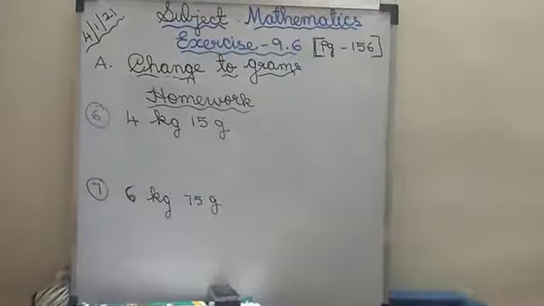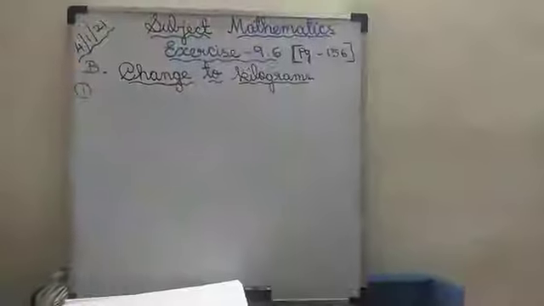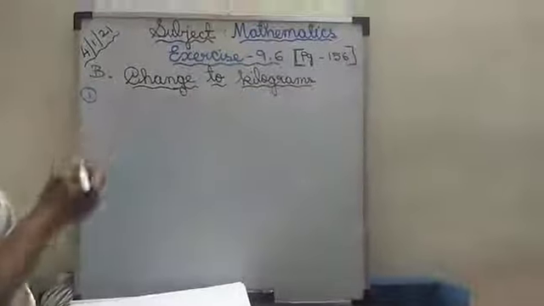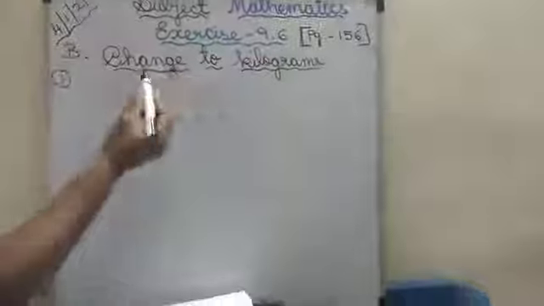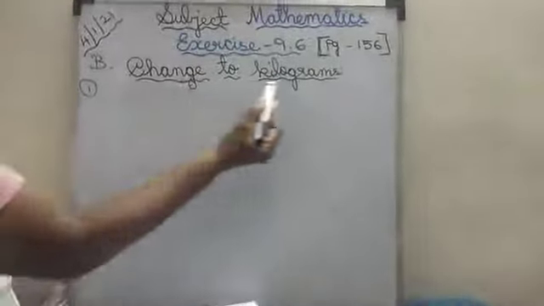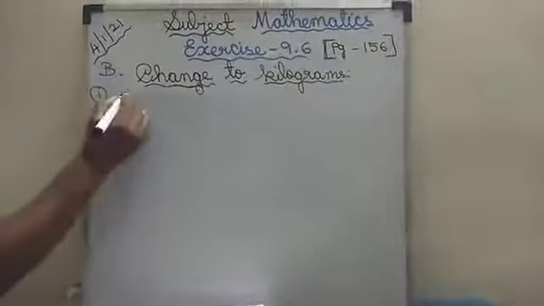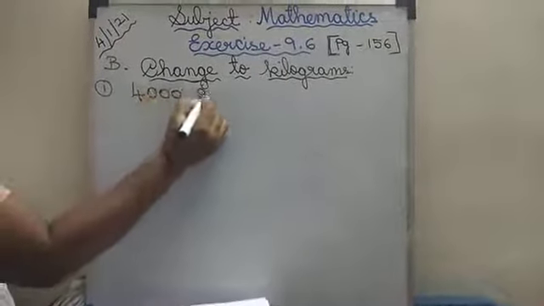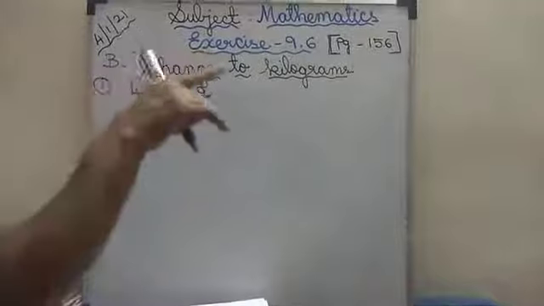Now we'll see the B1. Okay, children, now we'll see change to kilograms. First we saw change to grams, and now we are going to see change to kilograms. So the first sum, 4,000 gram. See, first we saw kilogram, isn't it, children?